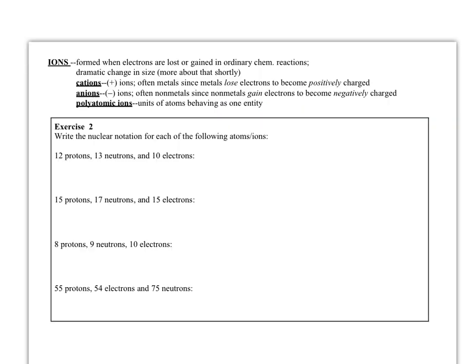Okay, so last thing is ions. We have atoms, which are our neutral element particle. We can also have ions. Ions are charged element particles. These are formed when electrons are lost or gained in ordinary chemical reactions. It does change the size of them, which we'll talk about during our periodic trends section a little bit later.